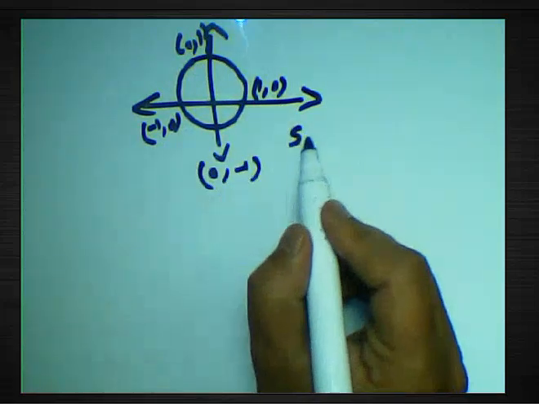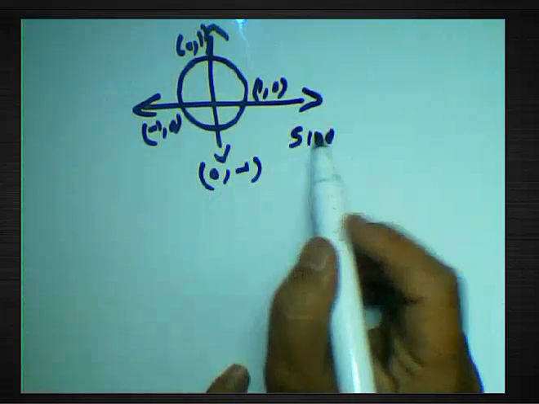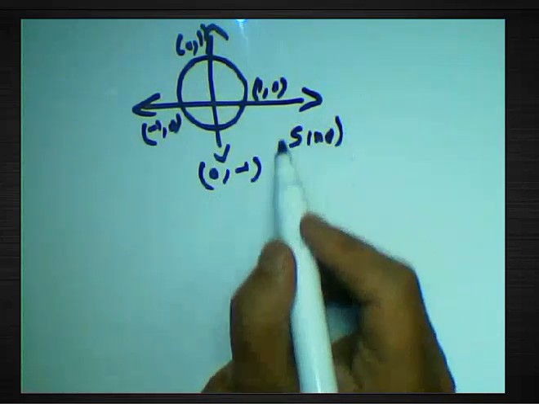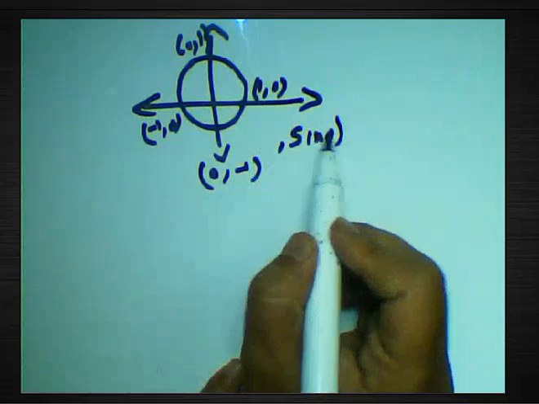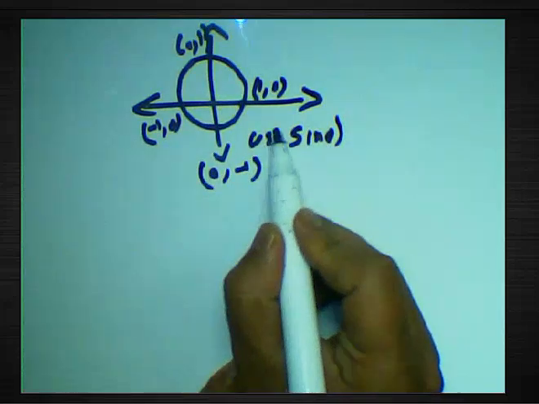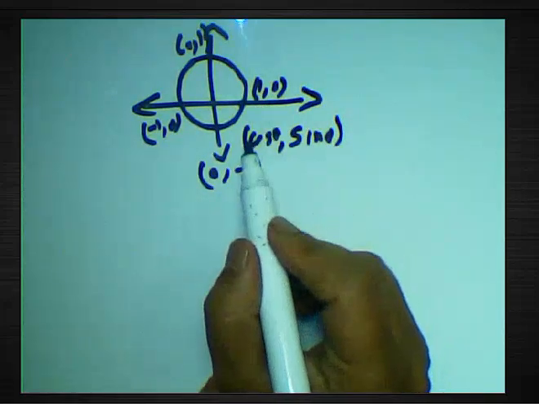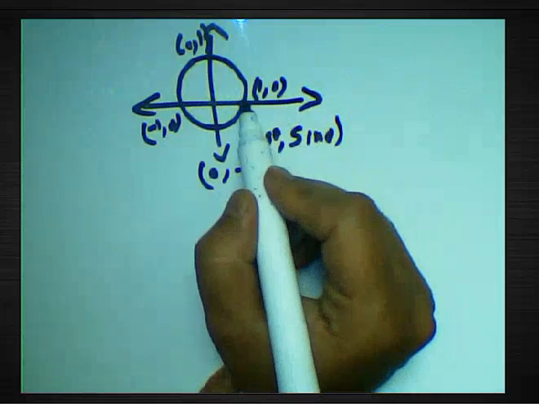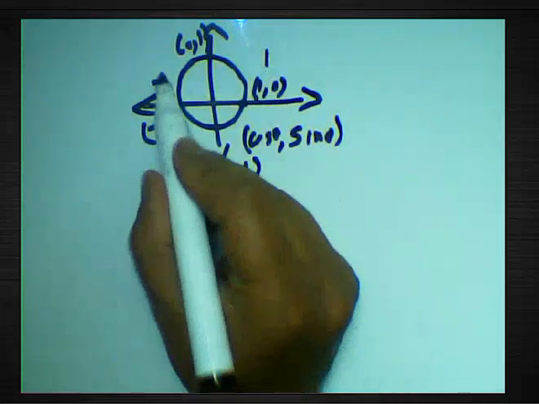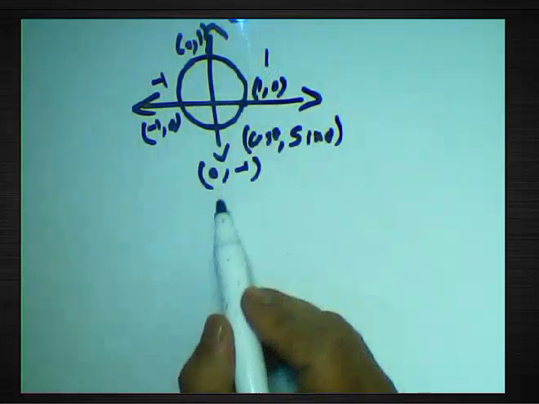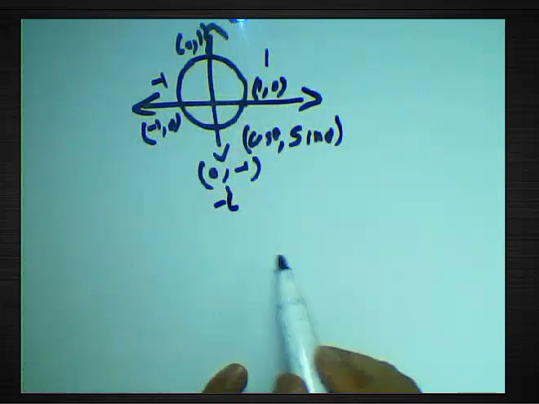We know sine theta is on the second axis and cosine theta is on the first axis. And we have here 1 and negative 1, and i and negative i for the angle.